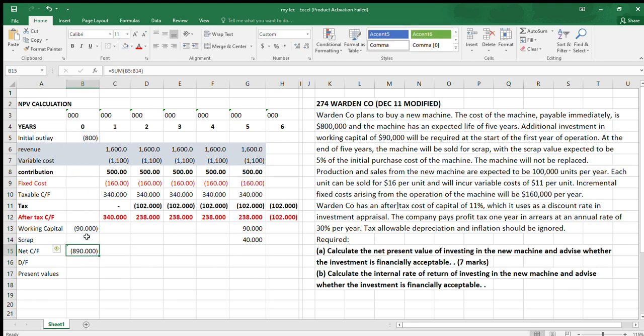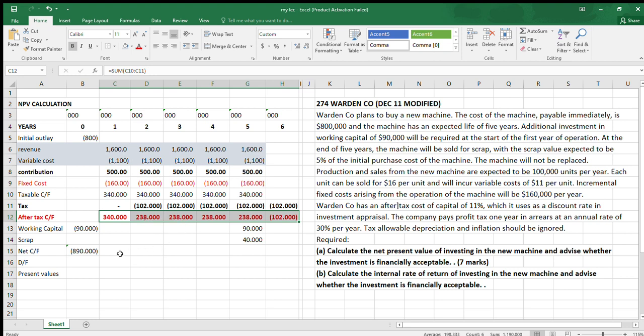But here, you see here we added everything because everything else here is zero, there are only two. But here, for your net cash flow, I'm not going to add everything from here. The only thing you are going to add is the after tax cash flow. This is the current cash flow that we have. So anything upwards has been taken care of, and the resulting figure is 340, 238, 238.